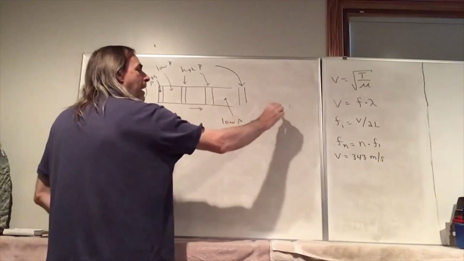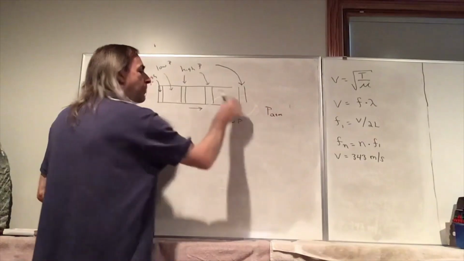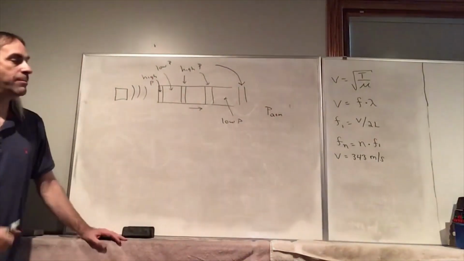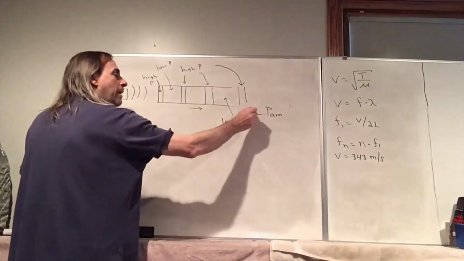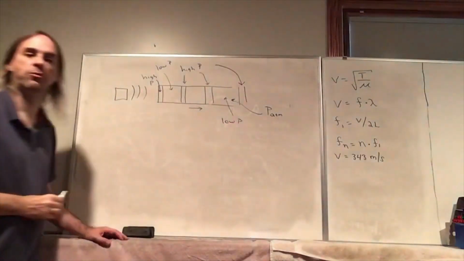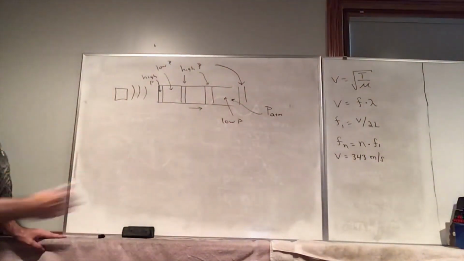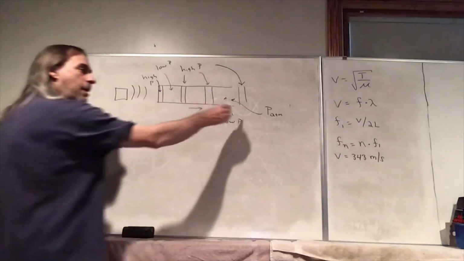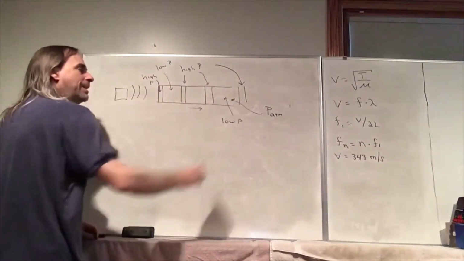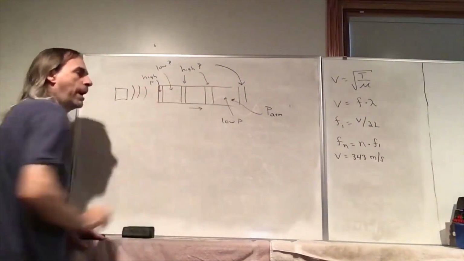And so outside, we have atmospheric pressure, and this is lower than atmospheric pressure, so air from outside wants to rush into the tube now. So whenever a high pressure region passes, air wants to come in from outside so we can get a wave moving the other way as well.